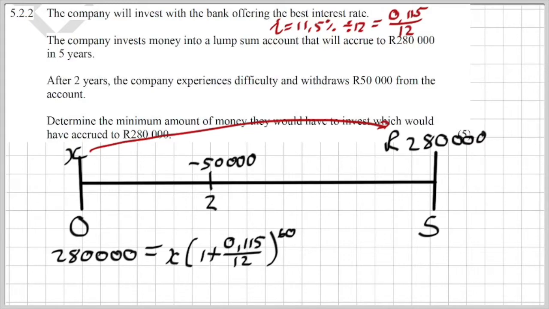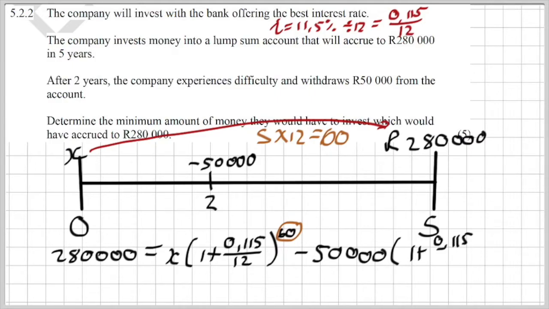Well, it's 5 years, remember? 5 years, and there are 12 months, so it's 60 months. That's where that 60 comes from, okay? And I'm going to take the 50,000, and I'm also going to accrue it, but now for 36 months. And I'm subtracting simply because I'm withdrawing the money.